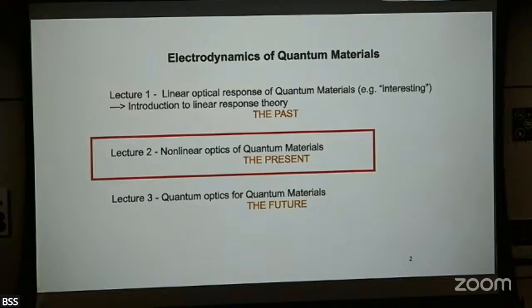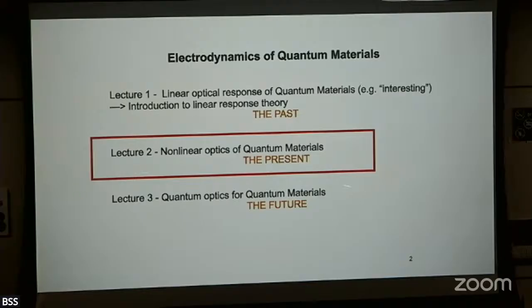It's a very powerful set of ideas that we can use anytime we can write down these kinds of memory functions, which lead to causal constraints, which lead to Kramers-Kronig, and applies to all different kinds of things. There are applications of this in the recent world of correlated electron systems to ultrasound attenuation. Again, that's a response function which has causal constraints on it. Okay, but I call that the past, even though it's still quite a bit of our present.